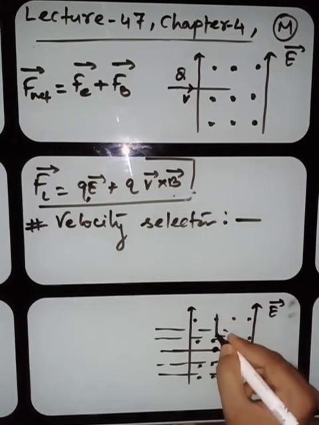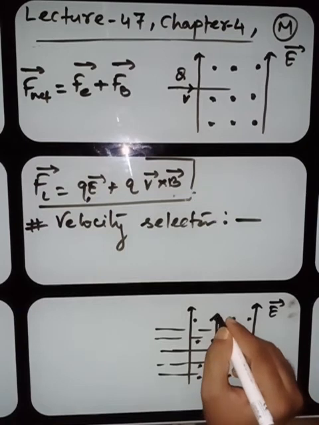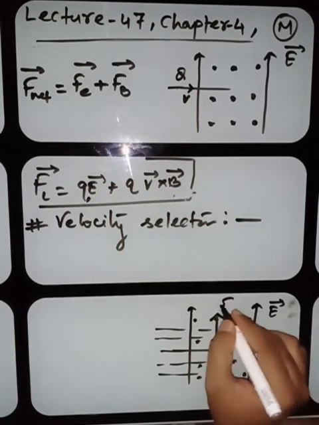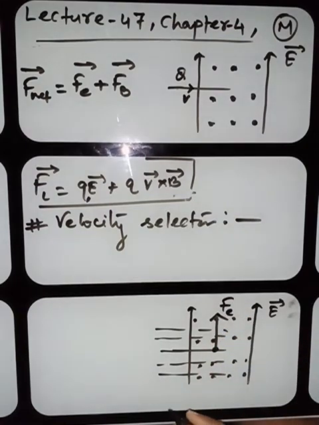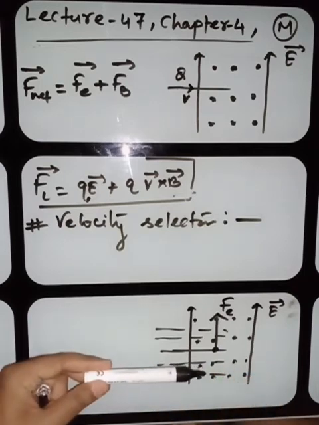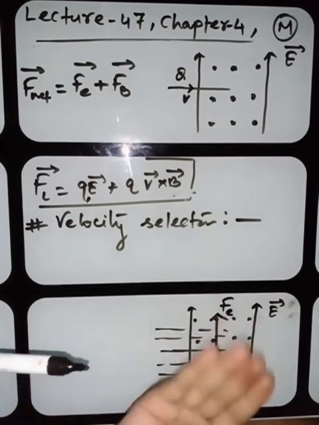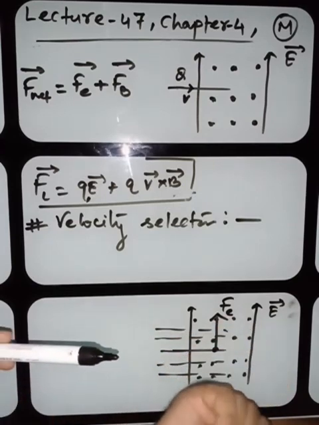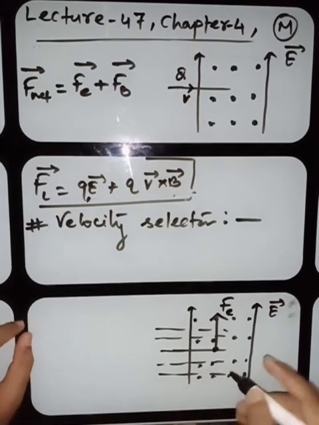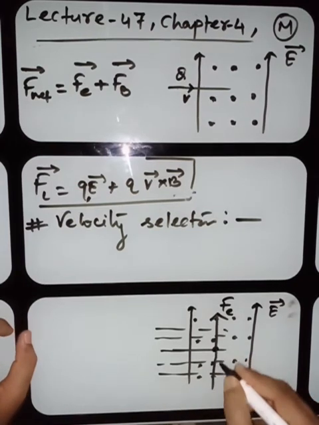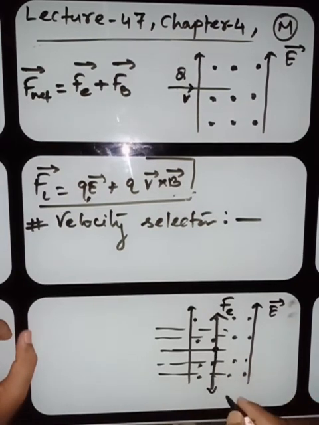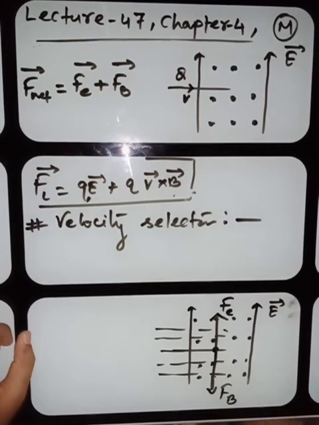Of course, if it is a positive charge, then it will try to move along the electric field. This is the electrostatic force. Now, what will be the direction of magnetic force as it enters the magnetic field? As this positive charge is going in this direction and the magnetic field is in upward direction, so you can see as it is moving here, the magnetic force will be in this direction. The force due to the magnetic field.